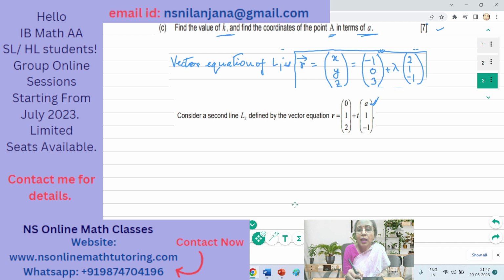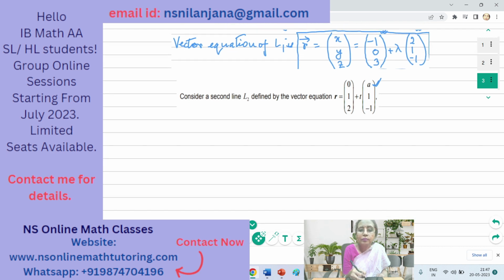Okay. So therefore, as we had written before, D1 is equal to 2, 1 and minus 1, and D2 is equal to a, 1 and minus 1.